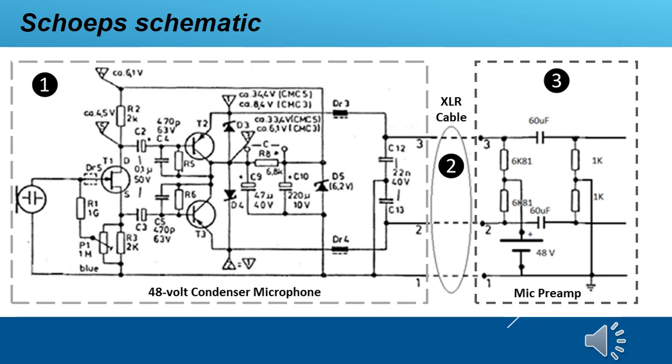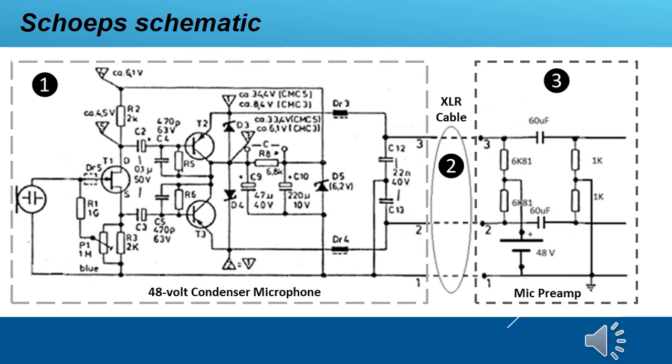The majority of manufacturers of condenser microphones use the following schematic. Here you see the capsule of the microphone, you see the input FET, you see the phase shifter, this side and this side, and you see the emitters of the microphone who give their signal to this wire and to this wire to the cable.